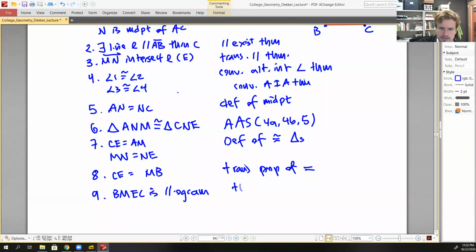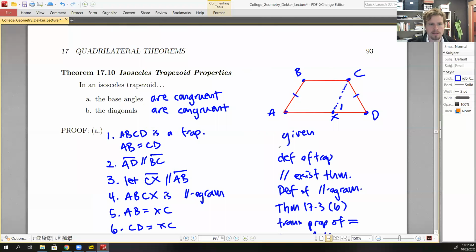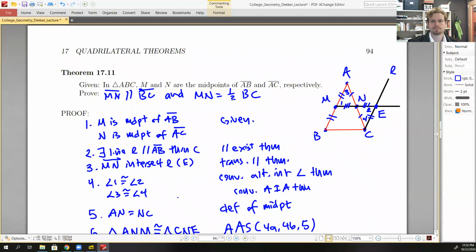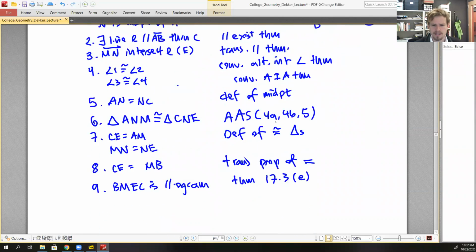And that's by Theorem 17.3, part E, that we're taking a look at there. If we go back to that, part E says a pair of opposite sides are parallel and congruent. Then we have a parallelogram. So that's what we're taking from that.